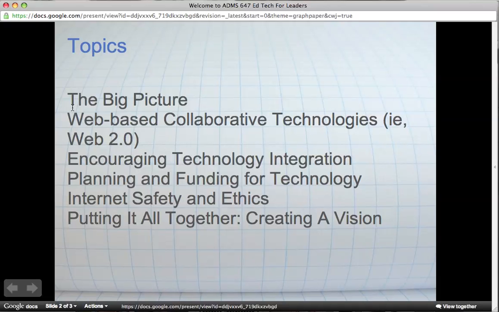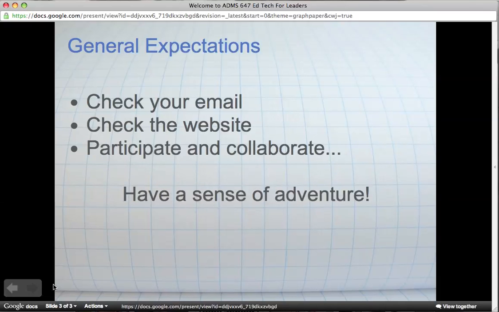Big topic right now, particularly as the Virginia Board of Education is considering some guidelines for the prevention of sexual misconduct and abuse that include these very kinds of technologies that we'll be talking about. We'll spend some time on internet safety and ethics. And then finally, at the end of the course, you'll have a chance to pull it all together by creating a vision for your school that includes ideas for how you'll integrate technology.